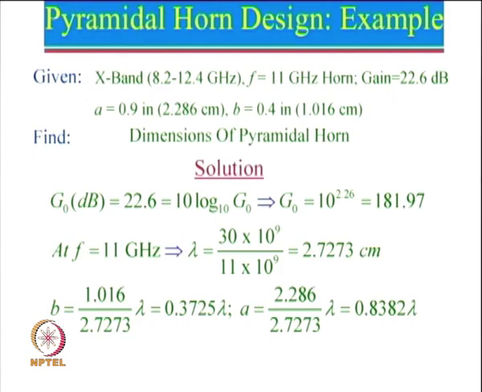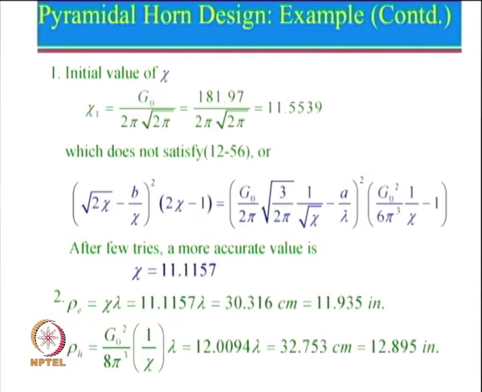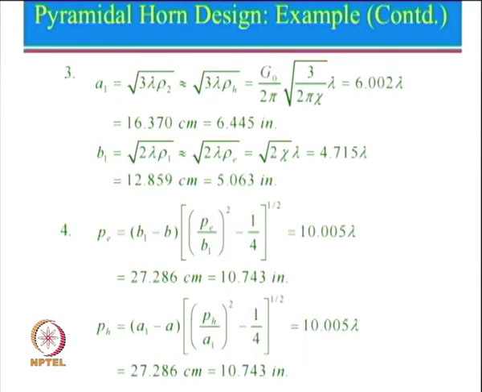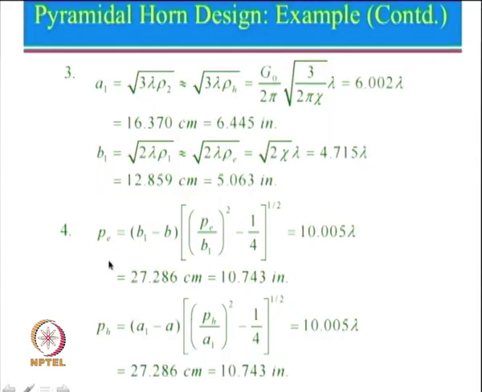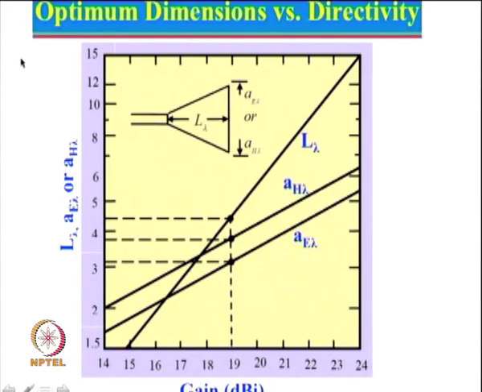I am just very quickly going to show you the trailer of the next lecture. You can choose a starting value of x, do all of these calculations, and finally you can do the design. Alternatively, if you read the Kraus book, this graph is given over here. For any value of the gain, draw the vertical line and read the corresponding values, and the design is over.